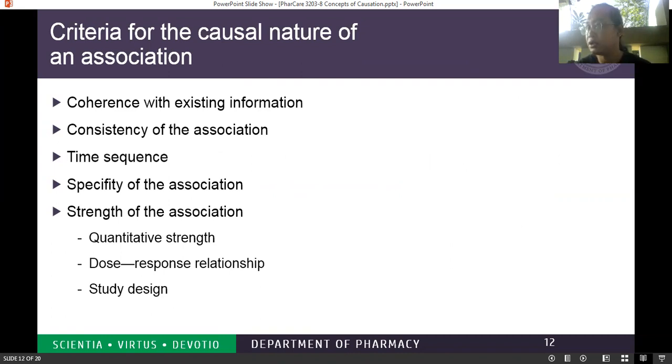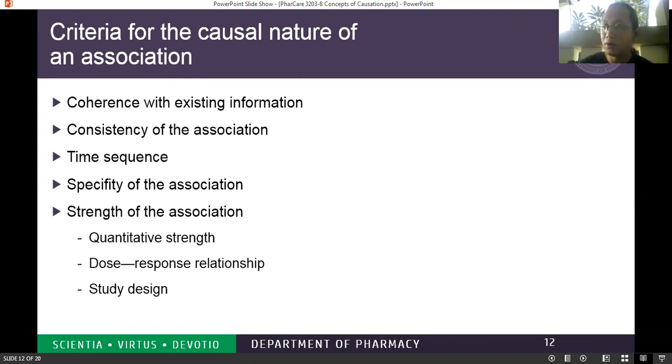This can be a quantitative strength. For example, we can talk about the number of samples that we use to draw the conclusion, and any other quantitative strength that is related to our study.